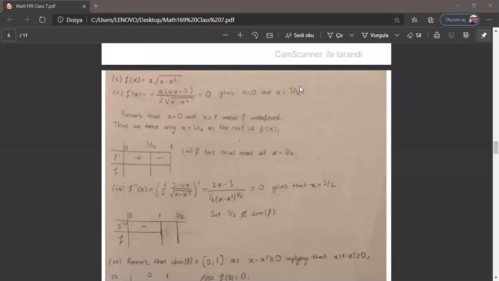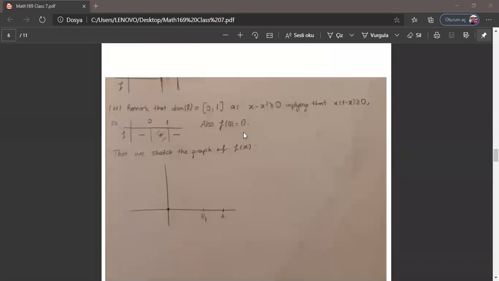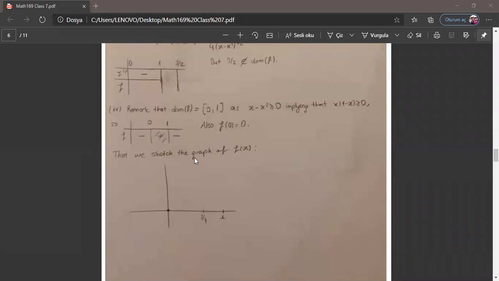So let's sketch it. It has no inflection point as it's always downward. So it will be downward until 3/4. It will be increasing, then decreasing.